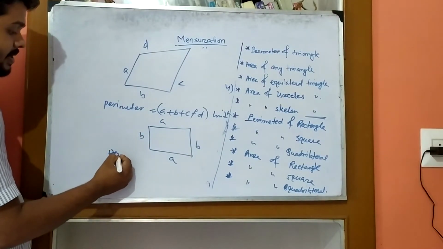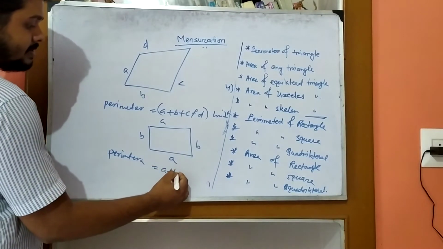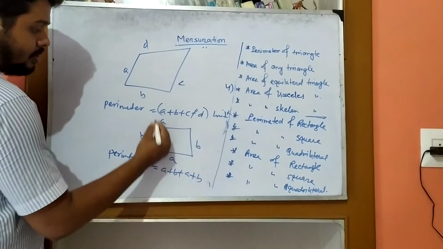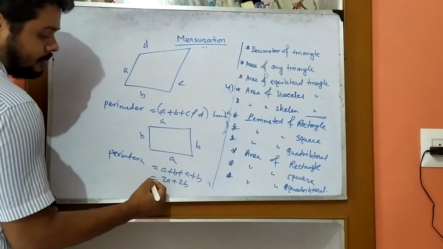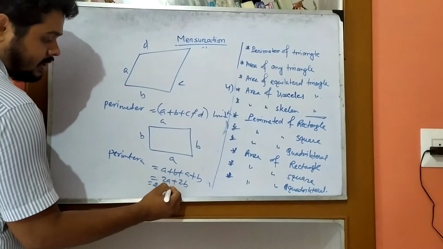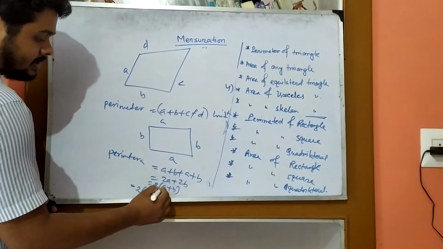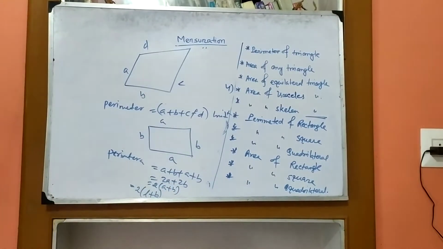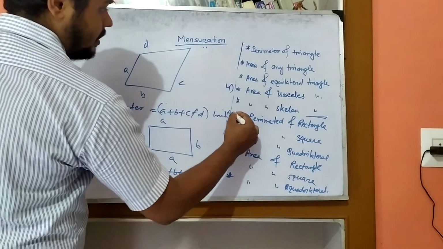So here perimeter means A plus B plus A plus B. So it is 2A plus 2B. After taking 2 as common, 2 into A plus B, so 2 into length plus breadth. That is the formula for the perimeter of a rectangle.